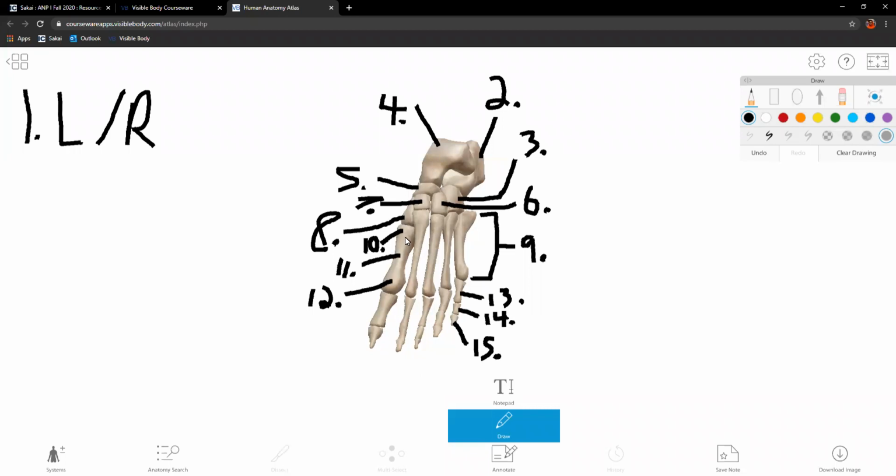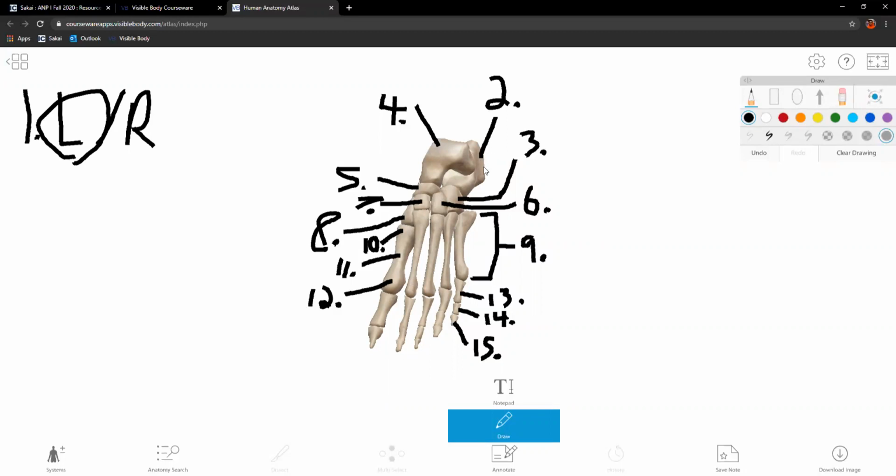So this guy always has to be medial or towards my midline. So I'm going to take that, kind of visualize this, take it out of the screen, put it on myself, and see where that big toe lines up on my body. And you'll see that this guy is going to be a left foot.